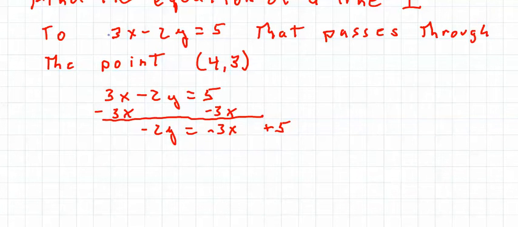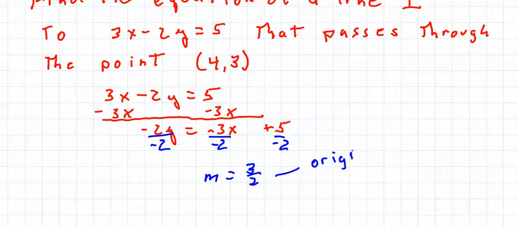And then I divide by negative 2. My slope then is 3/2. This is the slope of my original line.